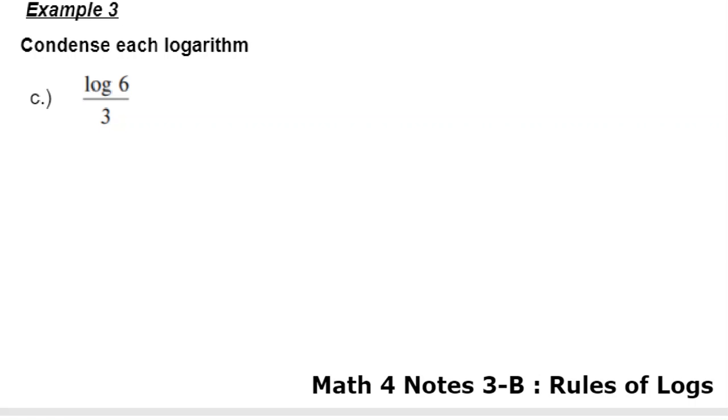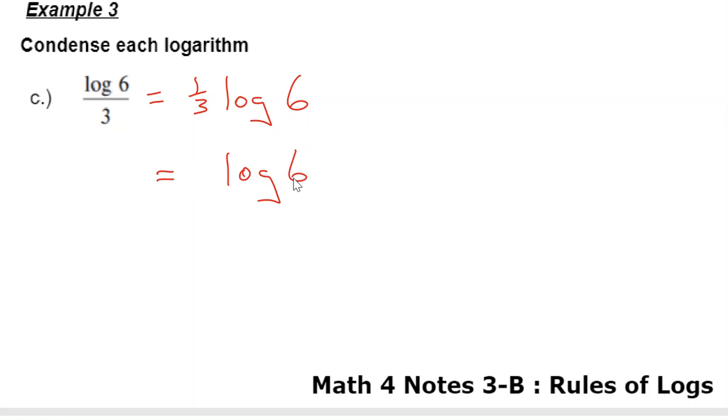Now this one, there's a trick to this one that may not occur to you right away. The thing that they're hoping is that you will try and reduce the 6 over the 3, not realizing that the 6 is a log 6 and the 3 has no log to it. They are not like terms. You cannot reduce 6 over 3. That is a huge mistake. What we can do is say, if this thing is being divided by 3, I can think of it in these terms: 1/3 times log 6.